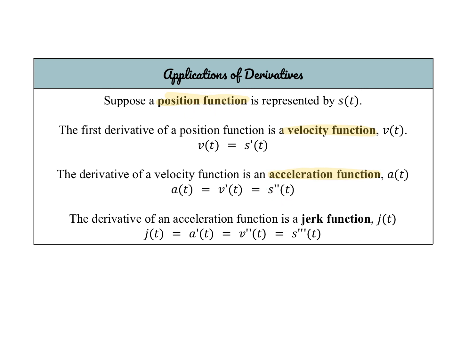And then the derivative of the acceleration function is what we call a jerk function. And we can represent that with j of t. So again, that's the derivative of your acceleration function, or the first derivative of your acceleration function, which would be the second derivative of your velocity function, which is actually the third derivative of that position function.